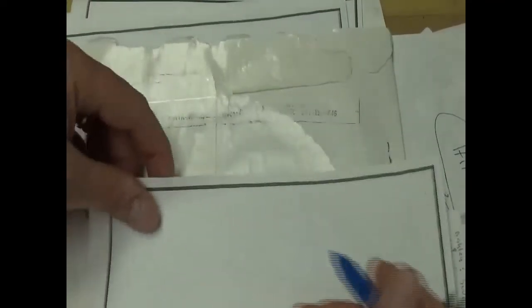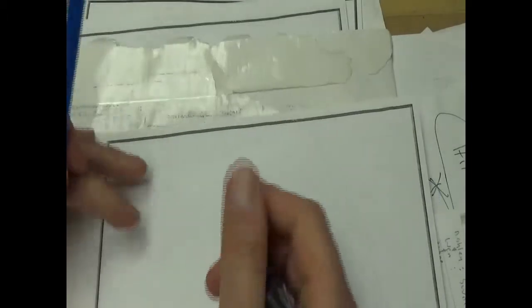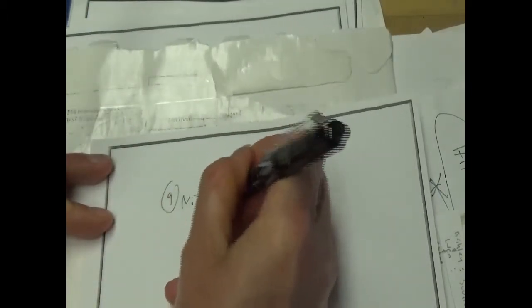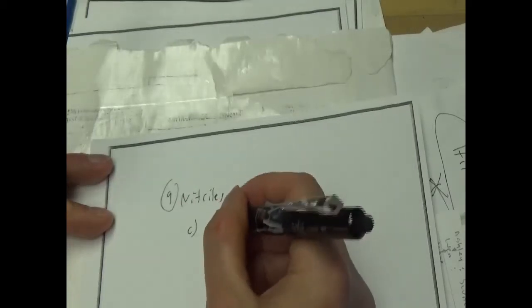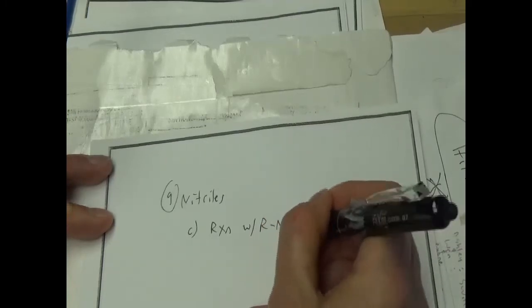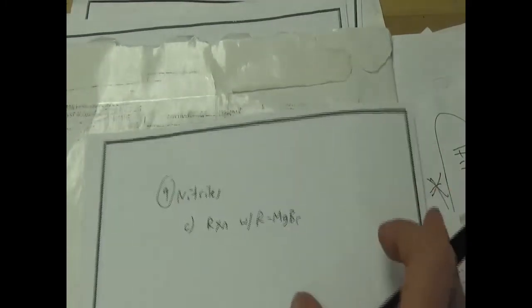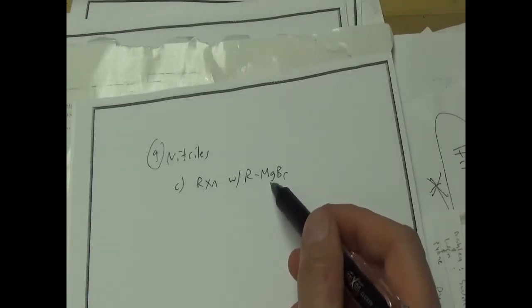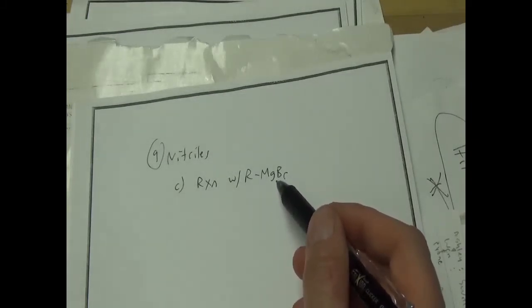The next kind of cool reaction is C, which is reaction with Grignards. Because remember, that's been a fun thing in this chapter, reacting different functional groups with Grignards to see what you get, right?